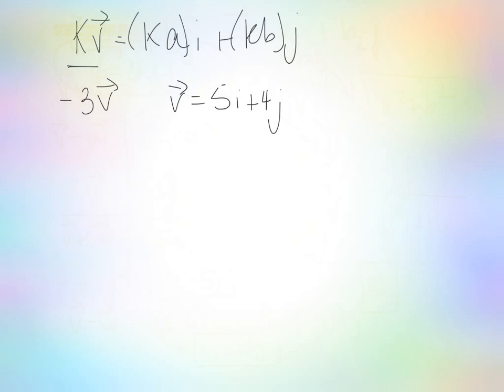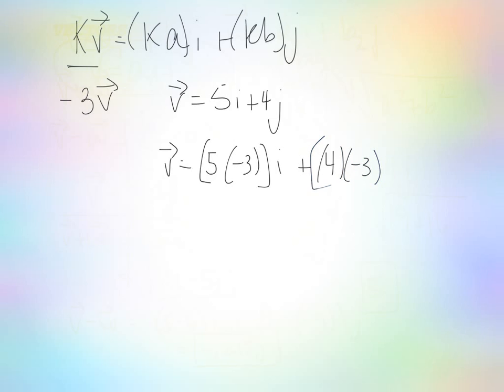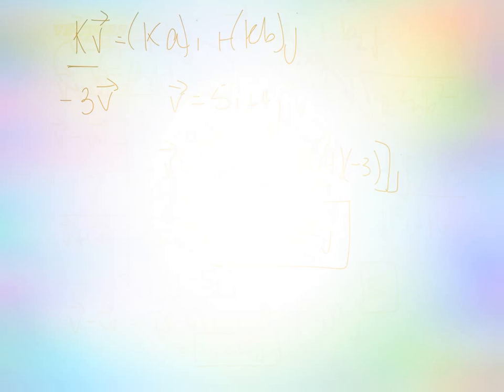So that would be 5 times negative 3 times i plus 4 times negative 3 times j, which would equal negative 15i minus 12j. So yeah, it's pretty straightforward.